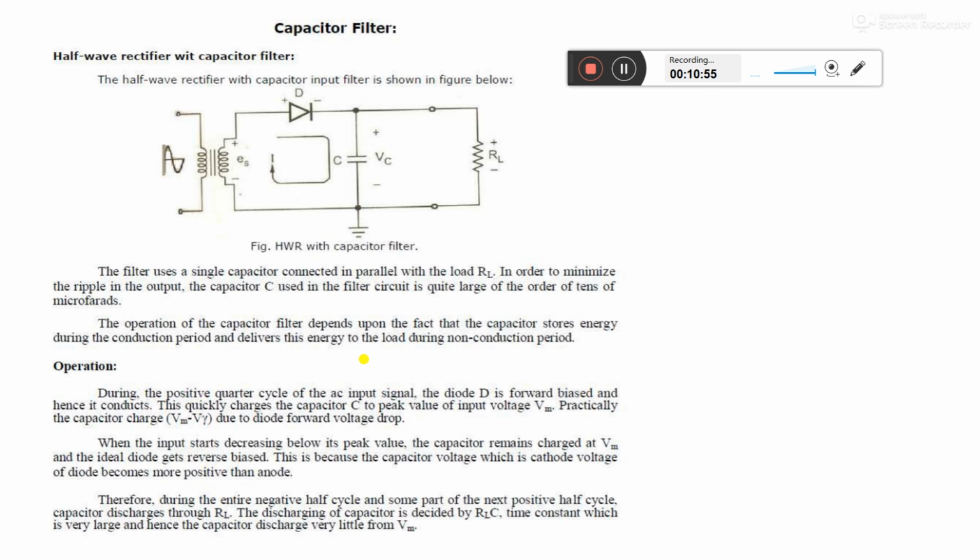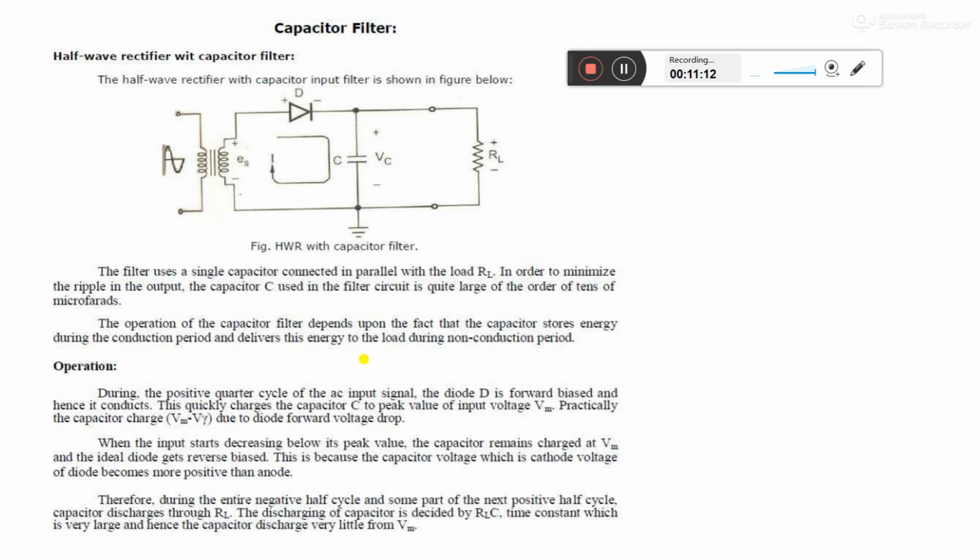Previously we talked about how a capacitor has a property that it can store charge within it, and it releases its charge when it is not connected with a DC source.